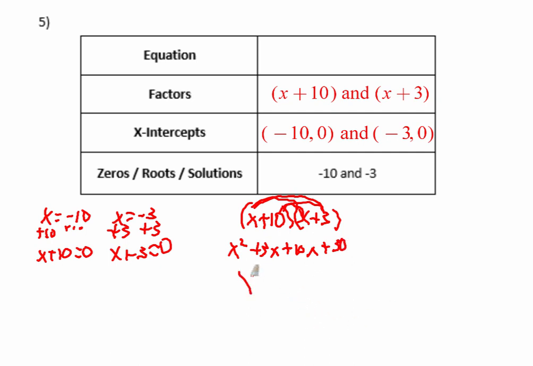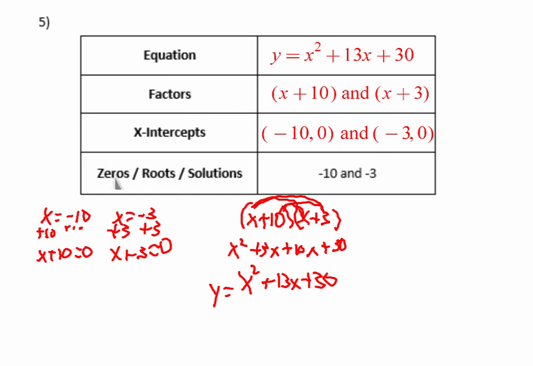All right, so if I combine my like terms, 3 plus 10 is 13, so 13x. Make sure I put my y out front. So my new equation is y equals x squared plus 13x plus 30.